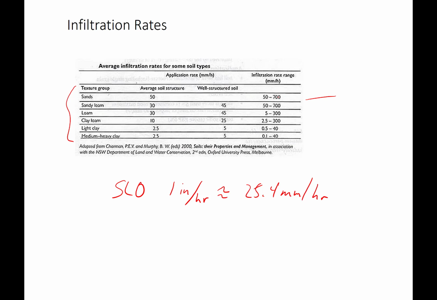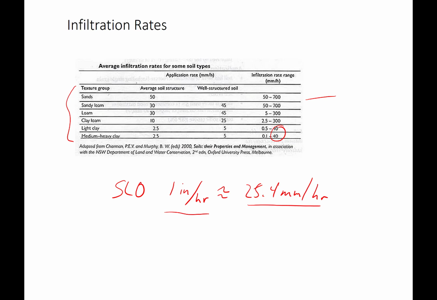If you look at most of these soils, particularly the sandy loams, clay loams, and even the higher end of the range of the clays, almost all of them will infiltrate water at a rate higher than this very intense rainfall rate.